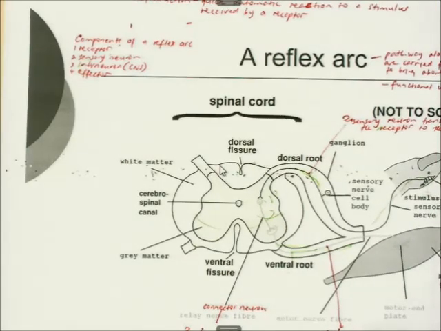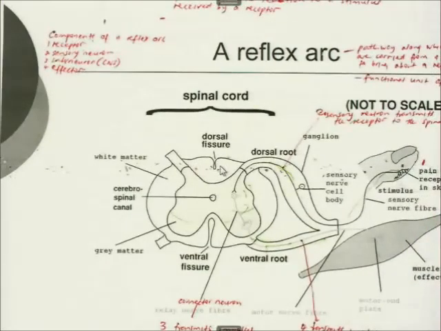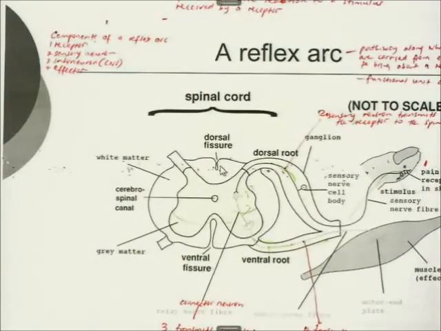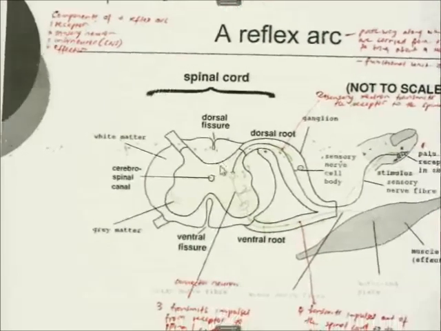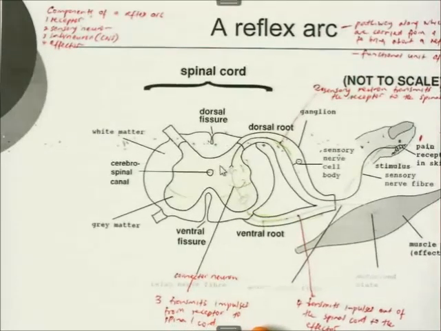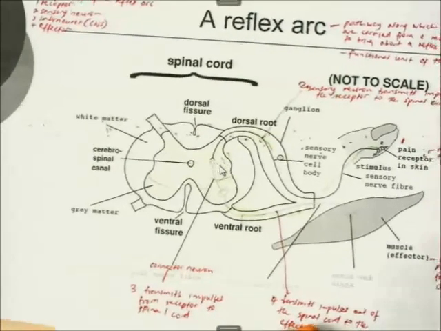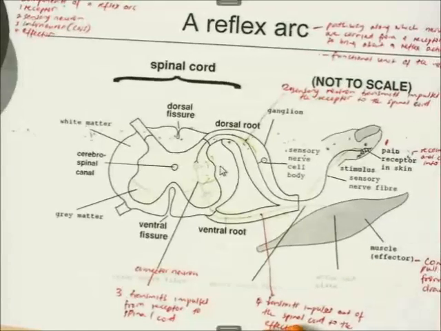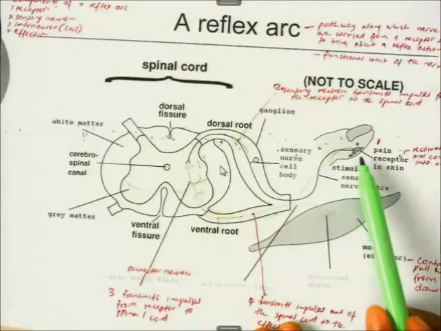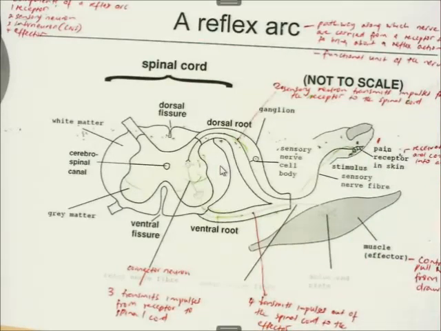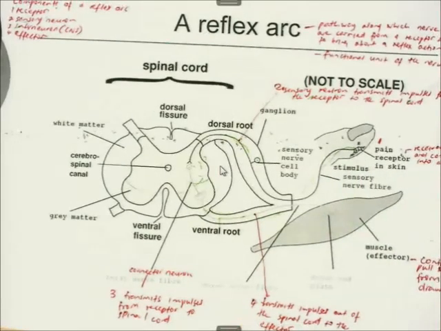Let me just say, if maybe you put your hand on a burning stove, this is how you are going to react to a stimulus. In the skin of your hand, there are heat receptors which are called the Ruffini corpuscles.